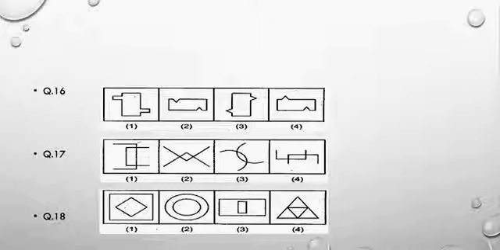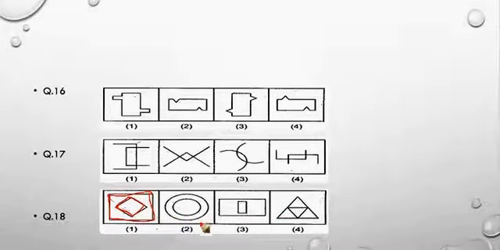Let's move on to the next question. In question number 18, there are four problem figures given. In case of problem figure 1, there is a rectangle in which a diamond shaped design is inserted.